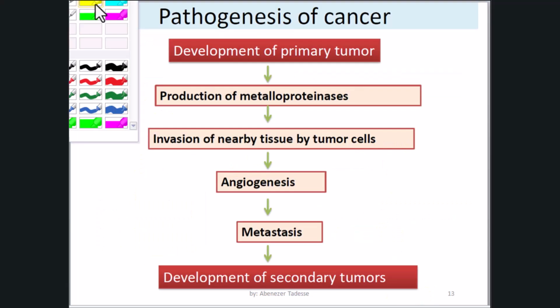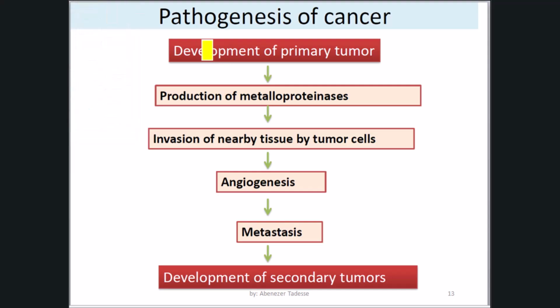So let's see. The development of the primary tumor is followed by the production of metalloproteinase. Normally, metalloproteinases are enzymes synthesized by the cancer or tumor cells, which can degrade the cellular matrix as well as the basement membrane.